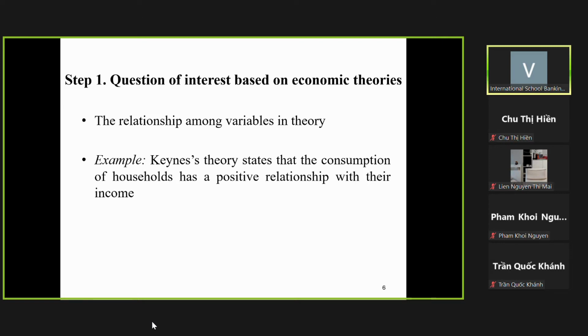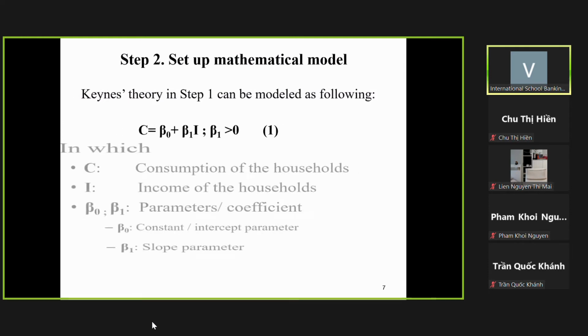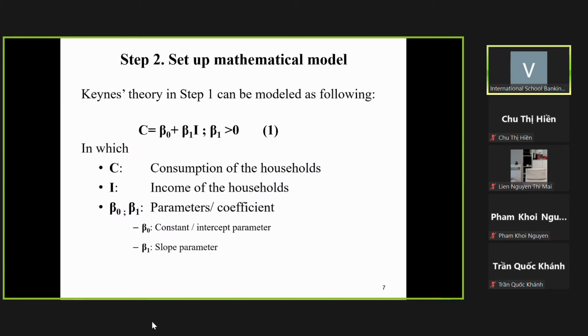Yeah. So in step 2, we have to set up a mathematics model. And in step 3, we have to set up an econometrics model. Here I introduce to you both the mathematics model and the econometrics model, so you can see the difference between these two models.